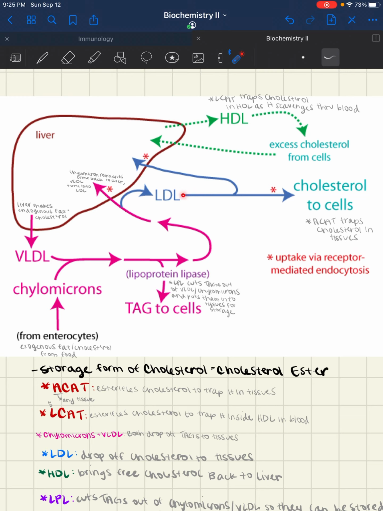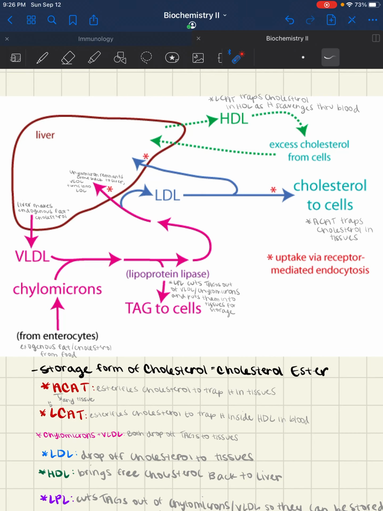Once LDL drops off cholesterol, it's going to leave the tissue and go back to the liver. Now, the liver is going to send HDL out to scavenge the blood for excess cholesterol so that HDL can bring that cholesterol back to the liver.